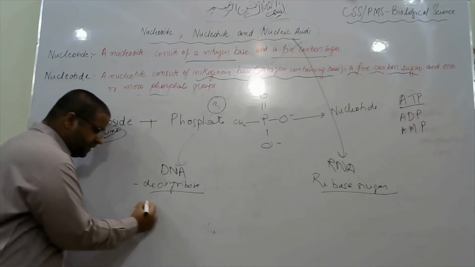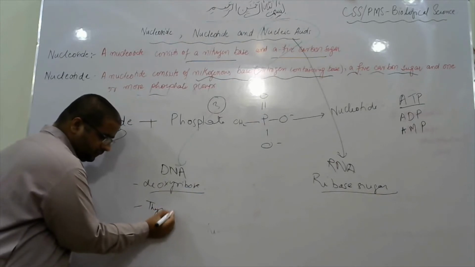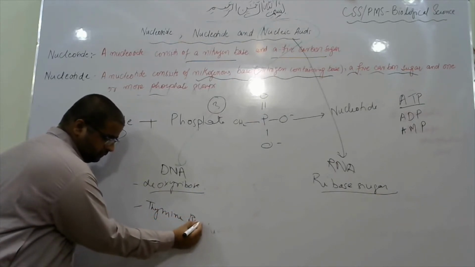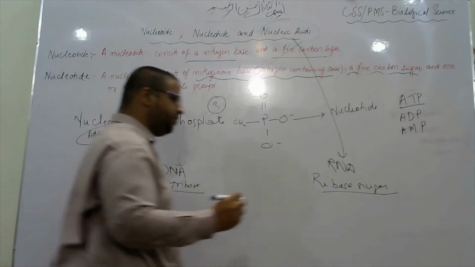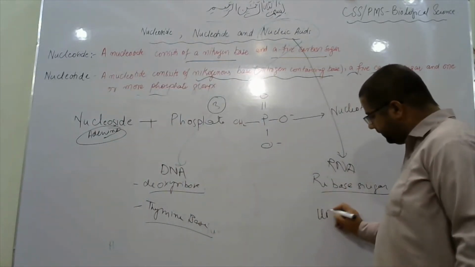Thymine base is present in DNA, while uracil base is present in RNA.